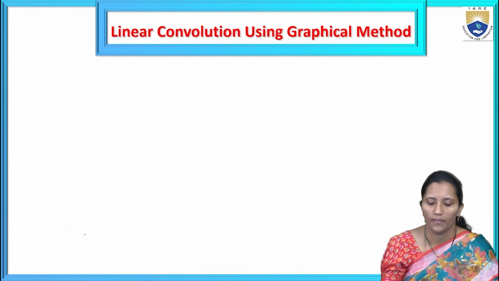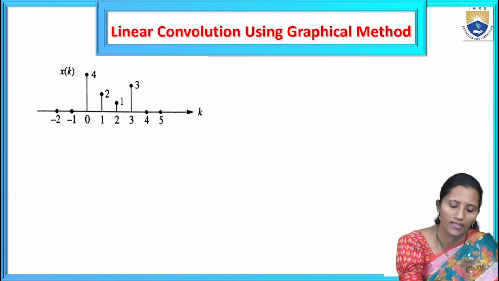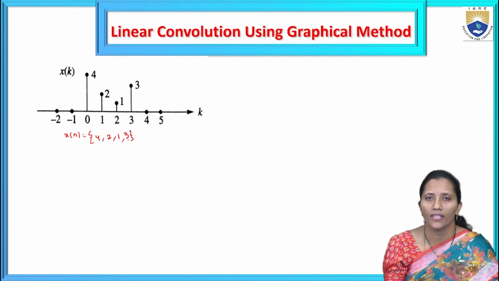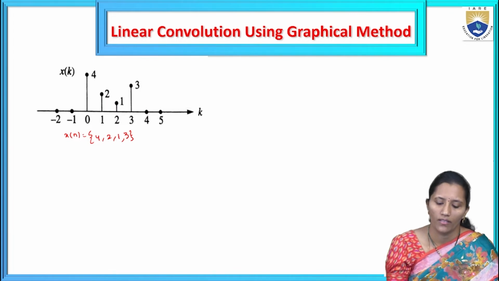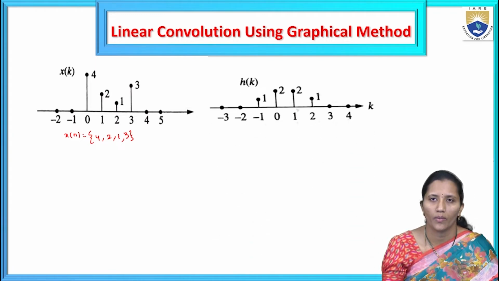In the next step, represent your x of n sequence. So here x of n is 4, 2, 1, 3. Represent the sequence in the graphical representation, but the index you have to represent in terms of k. And h of k also we have to represent.